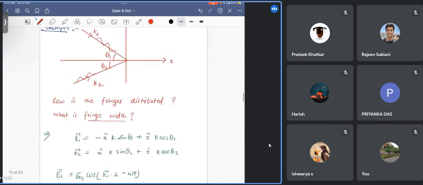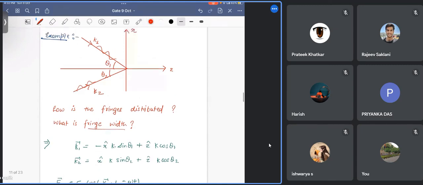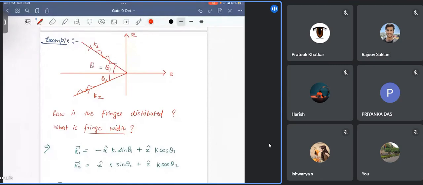So we will go back to the initial state, how we started. Let's take the simple case when these two angles are theta and the magnitudes of K1 and K2 are the same, just the direction is different.